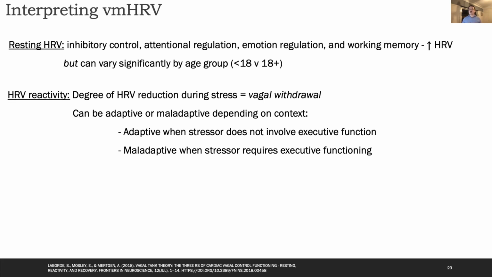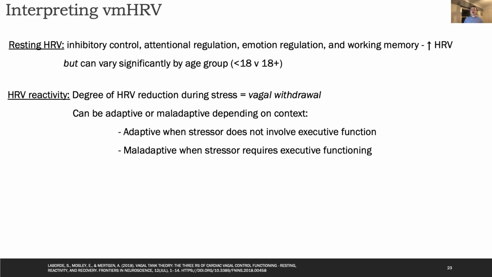However, we often see that the reactivity can be adaptive or maladaptive depending on the context. If you're in a situation that requires executive functioning, like an exam, a large parasympathetic reduction, a large reactivity, is a bad thing. However, if the stressor is something that doesn't involve executive functioning, it's actually advantageous to have a large response.